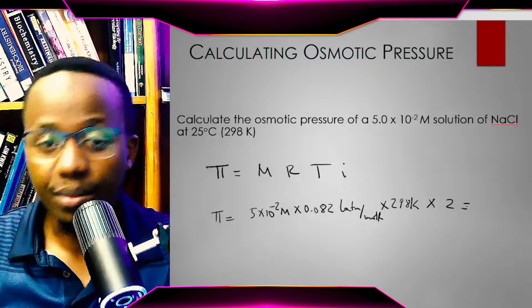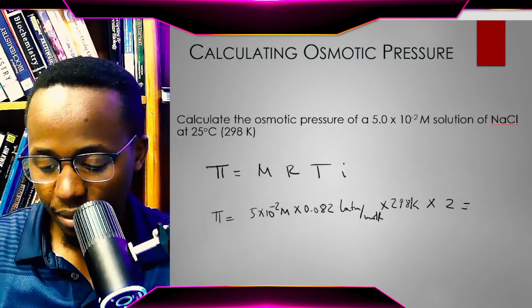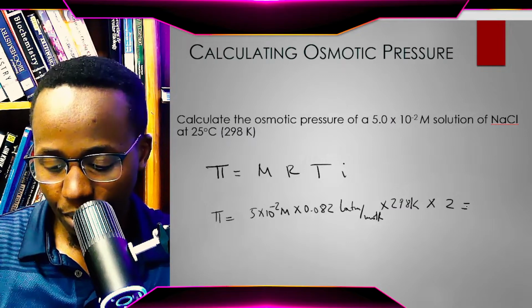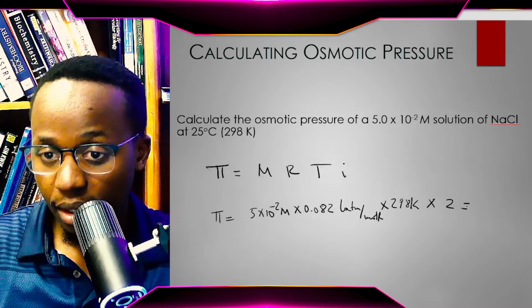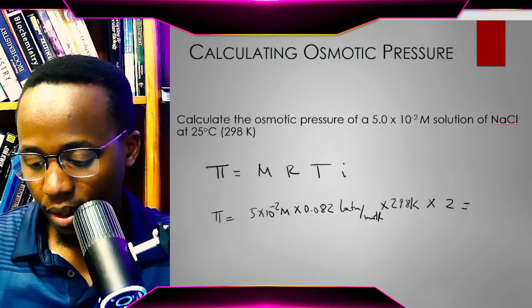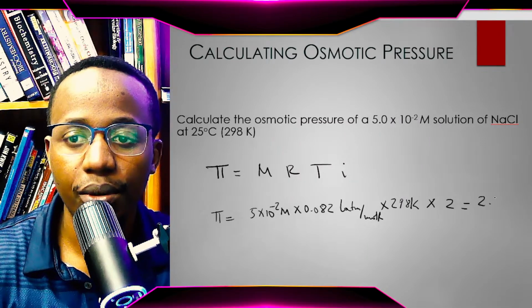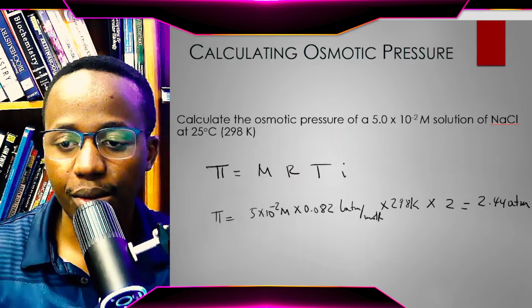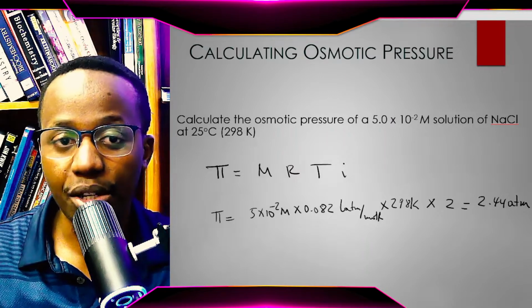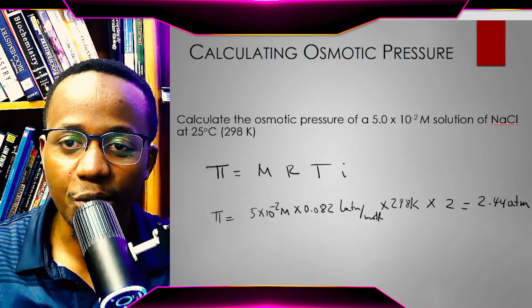All right, so 0.05 times 0.082 times 298 times 2. So 2.44. That's what I get. 2.44 atm, by the way. You write it in atm because it's pressure. It's in atmospheres. That's how you calculate the osmotic pressure.